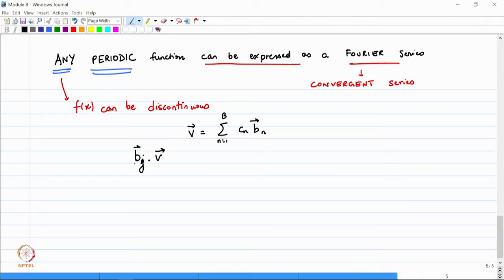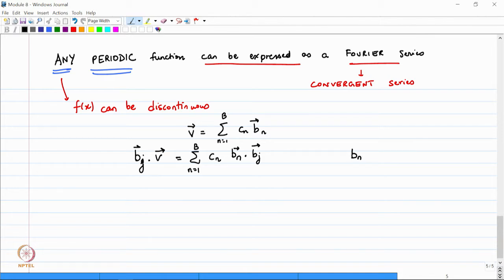If I dot the vector with one of the bases, I can write it as sum over n equal to 1 to b of c n b n dot b j. Usually the basis functions are orthogonal.